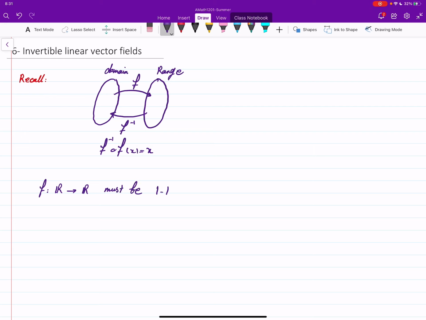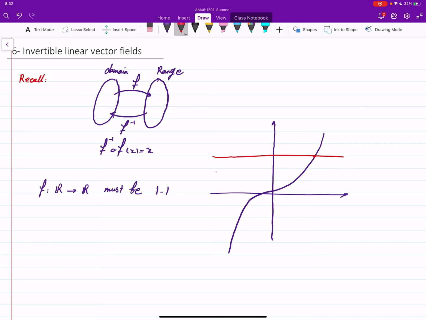So maybe you remember this 1 to 1 condition, and I can draw two examples here, with the fact that every value of y in the range is taken only once. The test we had for this is called the horizontal line test. For every value y, there is only one value x that the function gets.